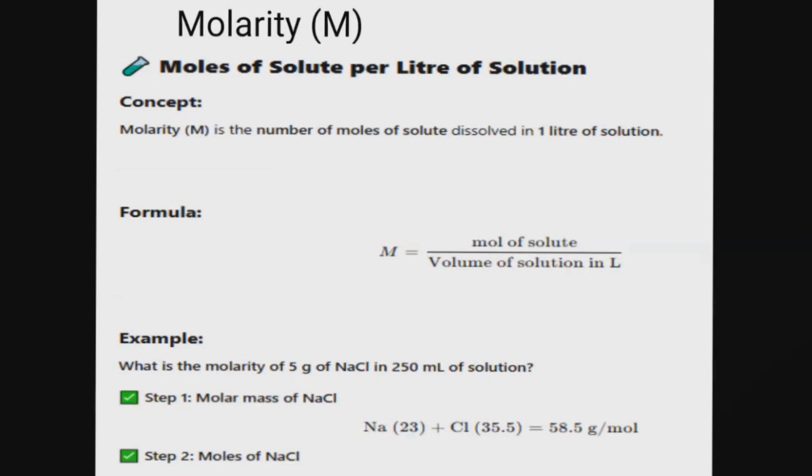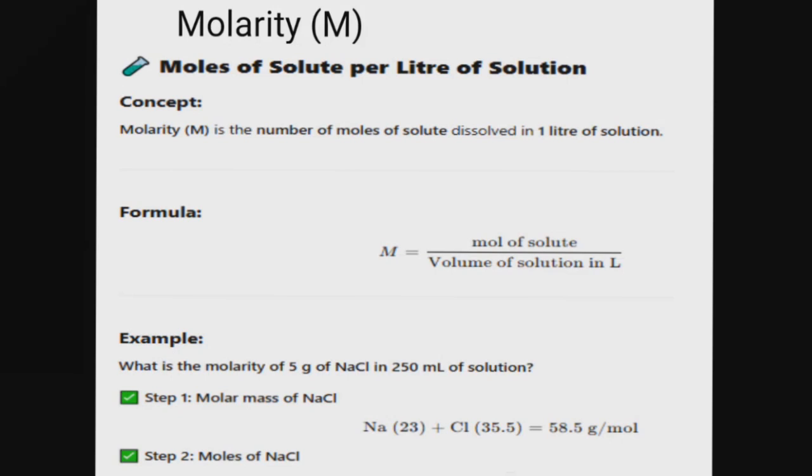That of chlorine is 35.5. That will give us 58.5 grams per mole. You know how we find this molar mass of sodium chloride. We know the molar mass of sodium, and also we know the molar mass of chlorine. We add them together, and then we get this.